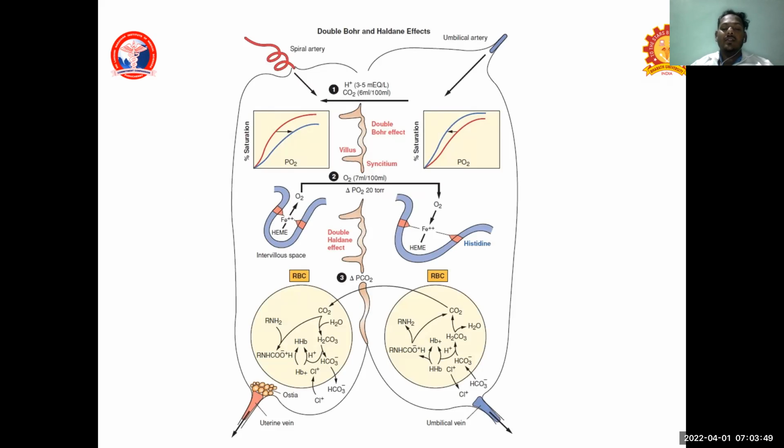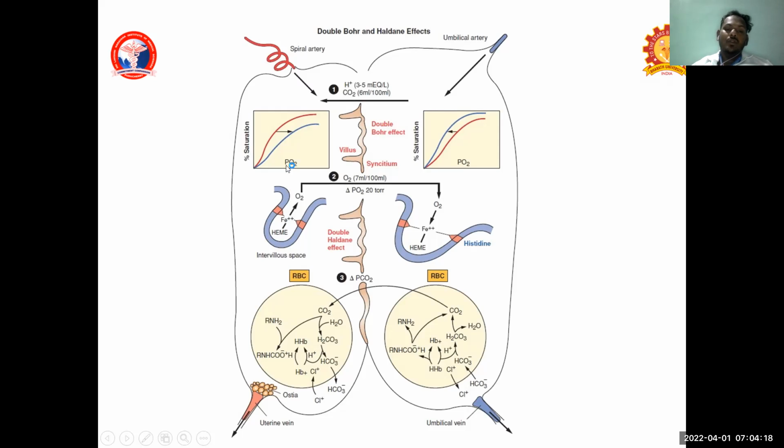So this diagram entirely depicts what the double Bohr effect and the double Haldane effect are. This is the spiral artery from the uterine vein, and this is the umbilical vein and artery from the fetus. So this is the fetal side. This is the maternal side.